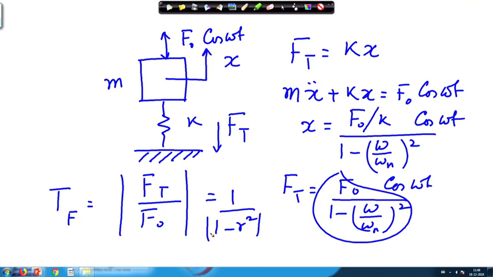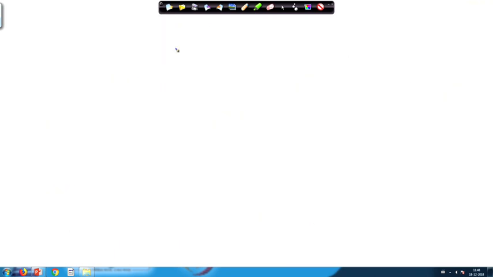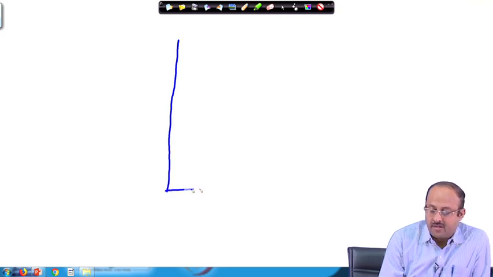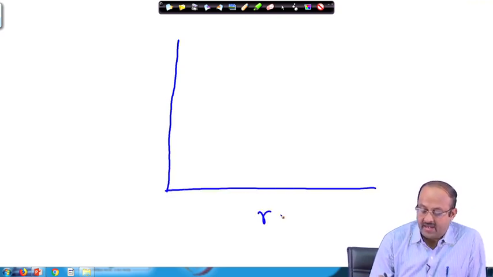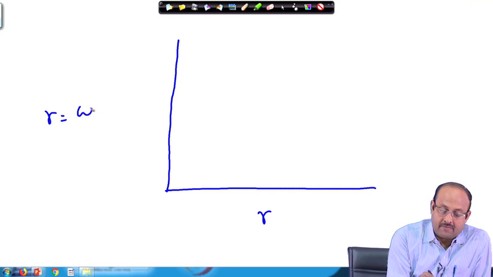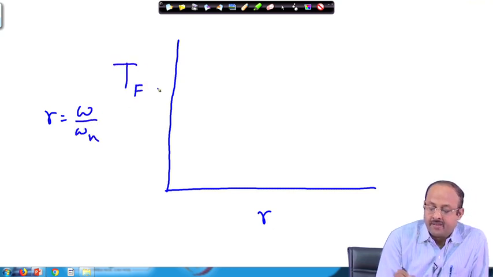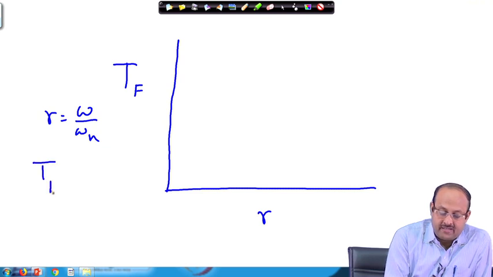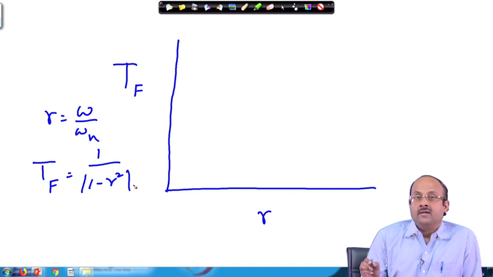Here r is equal to omega by omega n, and it is called the frequency ratio. Now, let us see how the transmissibility behaves. If I plot r equal to omega by omega n against the transmissibility T f, the transmissibility is 1 by 1 minus r square.